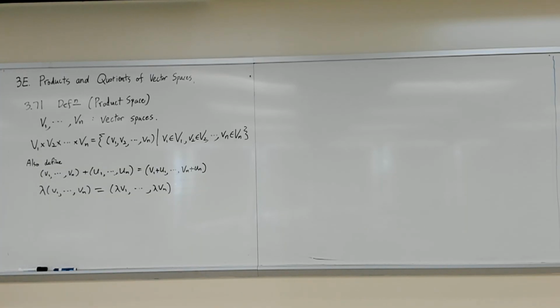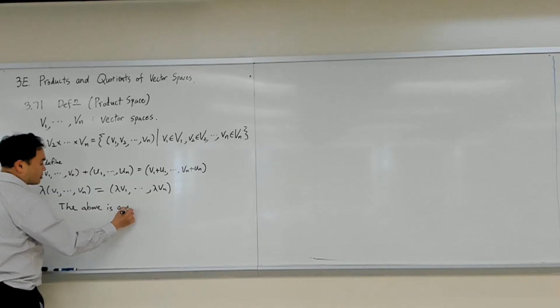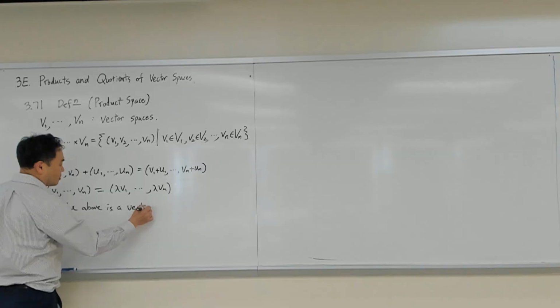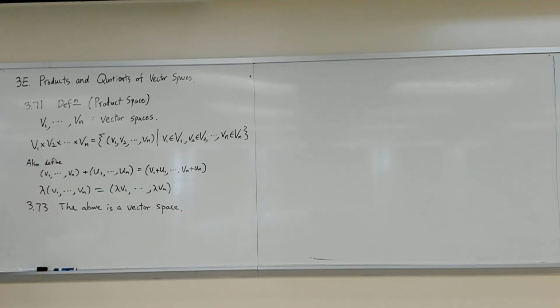And that's what 3.73 says. 3.73 says the above is a vector space. The book just skips the proof and says it's left to the reader, and I also don't want to do this.